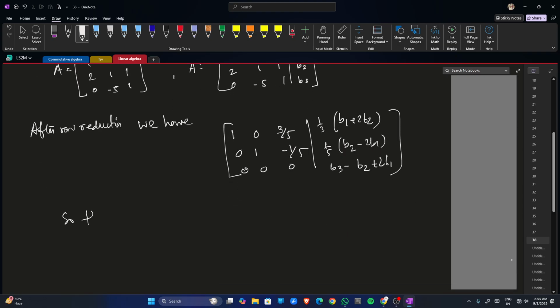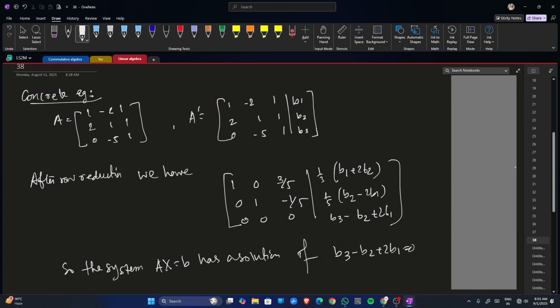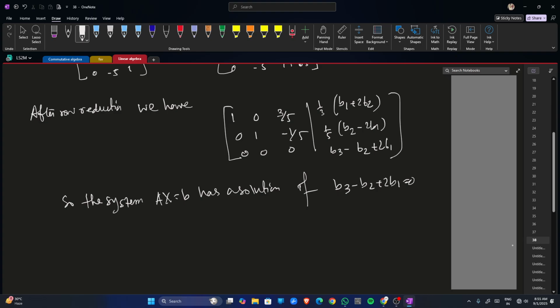So the system Ax equal to b has a solution if b3 minus b2 plus 2b1 equal to 0. Why? Suppose the system has a solution x1, x2, x3.